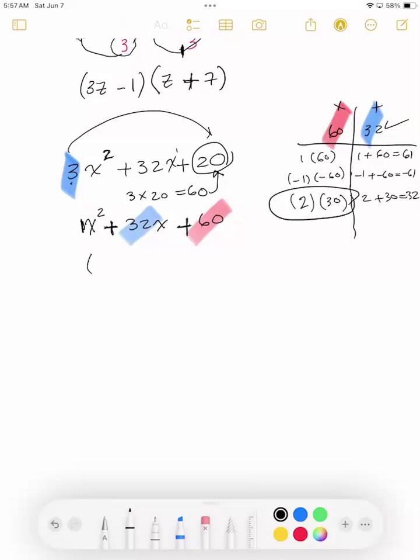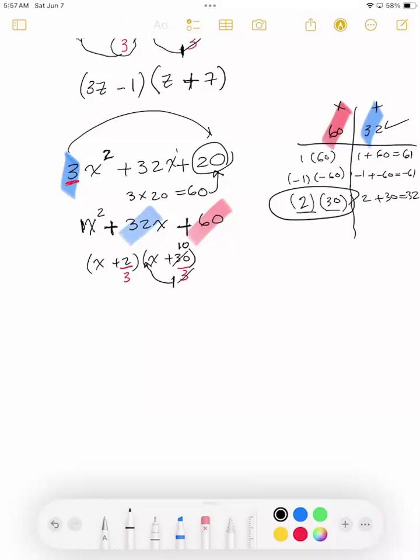So I write this as x and x. I put +2, and then the other one is +30. And then I have to remember to divide by this coefficient here. And then you have to reduce. 2 and 3 is not reduced, but 30 and 3 is reducible. So you get 30 divided by 3 is 10. 10 over 1.